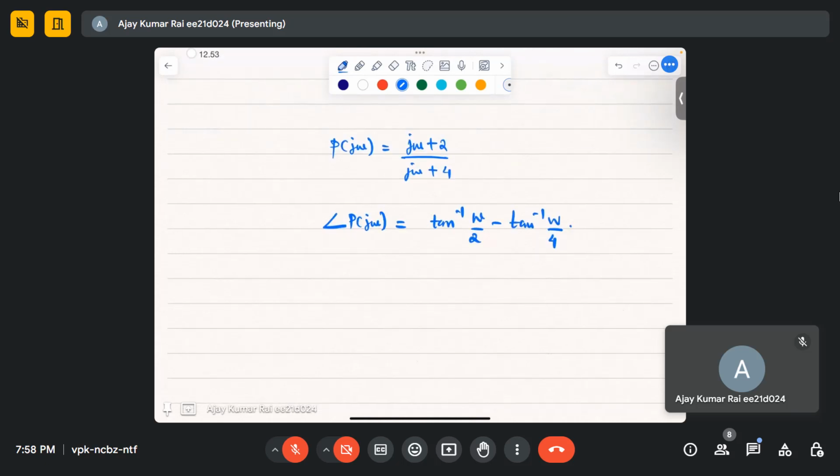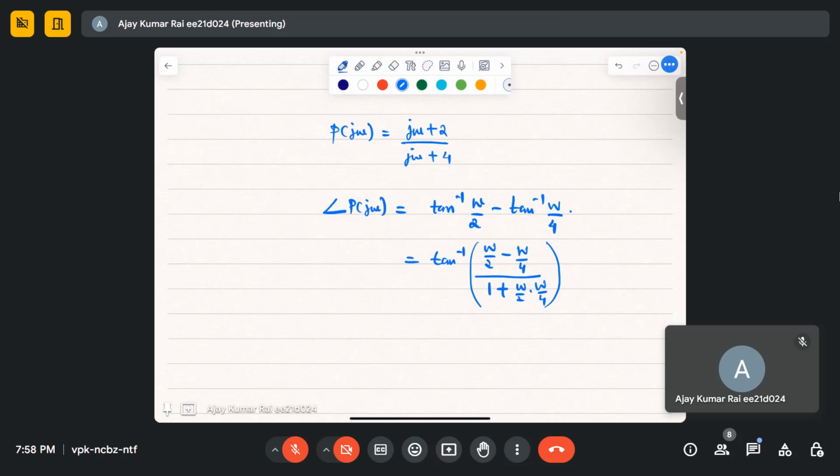You can also use the identity, which gives tan inverse of (omega by 2 minus omega by 4) over (1 plus omega by 2 into omega by 4). Individually also you can put the value. We have to find it at omega equal to 1 radian per second.